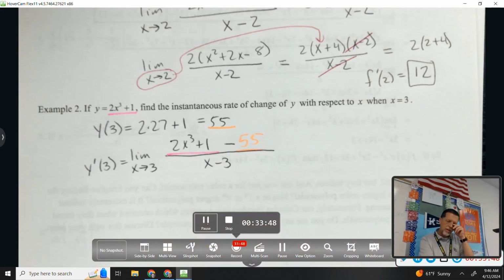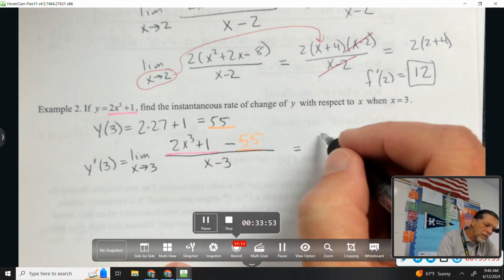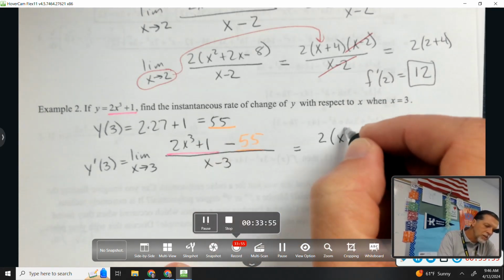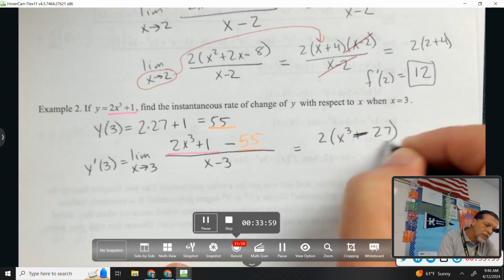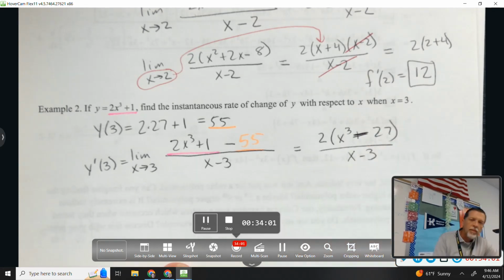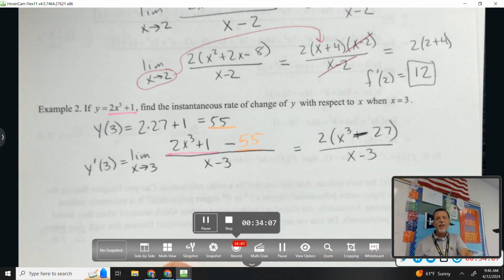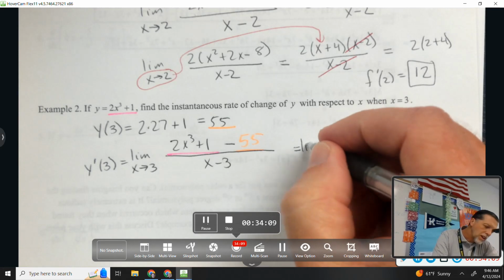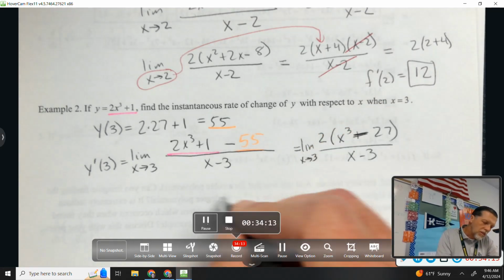Maybe that looks terrible, but 2x cubed minus 54, and then you factor out a 2. That leaves x cubed minus 27. Be careful how you cancel that, but after you factor, then you can cancel, and then you plug in 3. Oh, may as well, we're almost there.